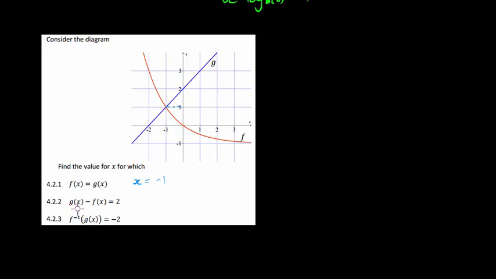Now here, interpret this the same. What does this mean? The y of g(x) minus the y of f(x) is equal to 2. Yep. So from the graph I can say, let's say 3 from g(x), and then minus.